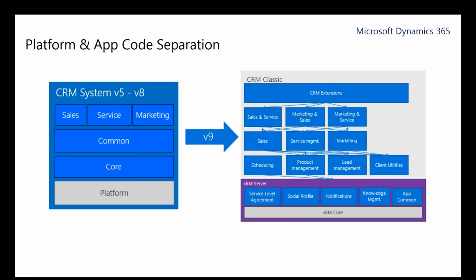In Dynamics 365 version 9, the emergence of an app-centric structure is clearer to see, as there is now a separation between the code for the platform and role-based apps.